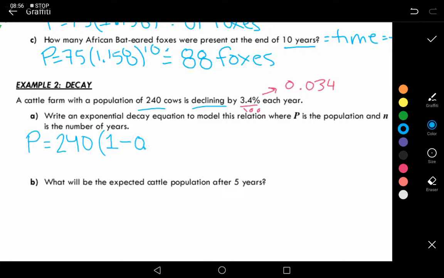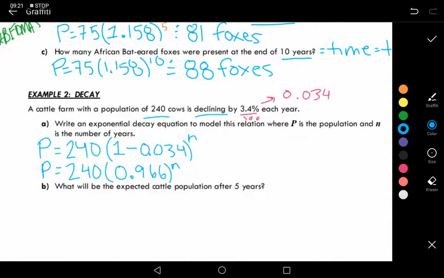Put that into our equation here. And instead of to the power of t, it would like us to use the variable n. Okay, and we could simplify this equation a bit further, right? We could actually do that math. So 1 minus 0.034 is 0.966. And again, that's to the power of n.